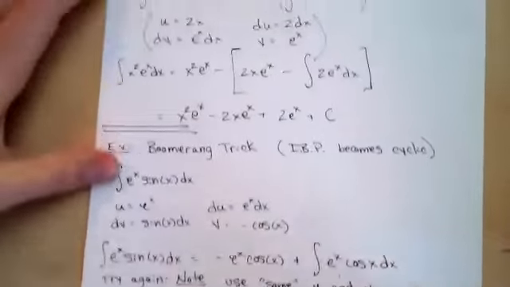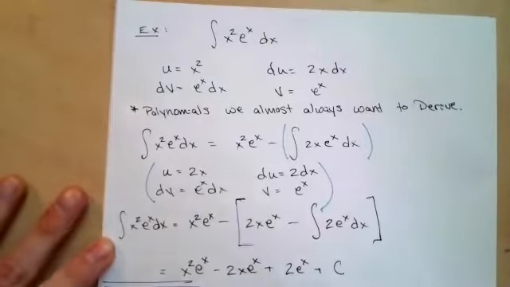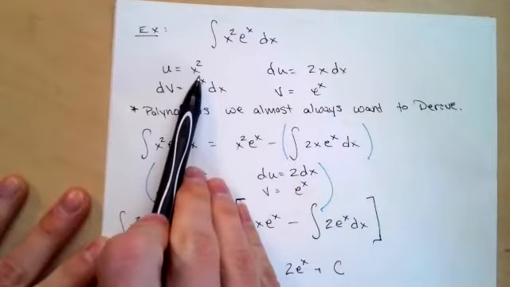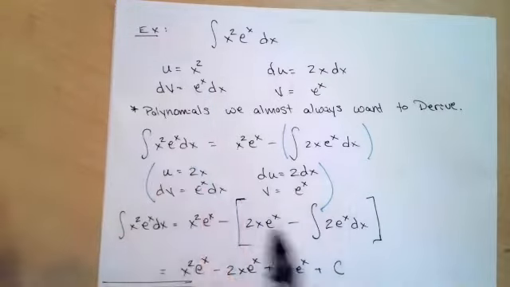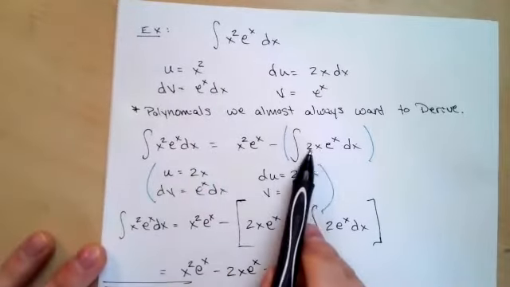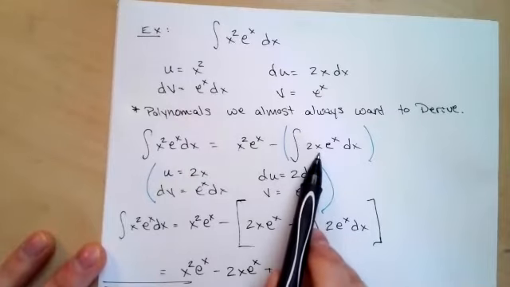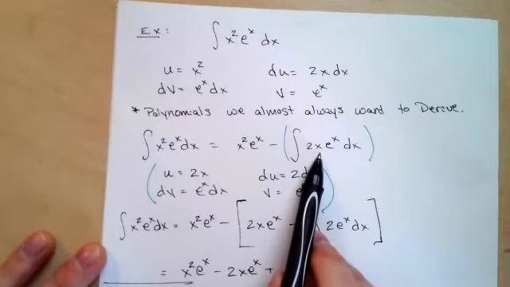So just real quick, if we go back to this one where we had our u be the polynomial, our dv was our e to the x. Great, that helped us this first time, but we still had to do integration by parts again on our previous example.